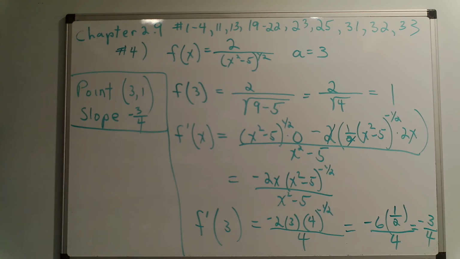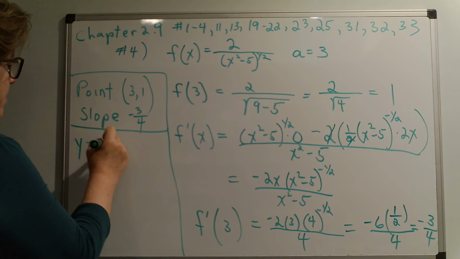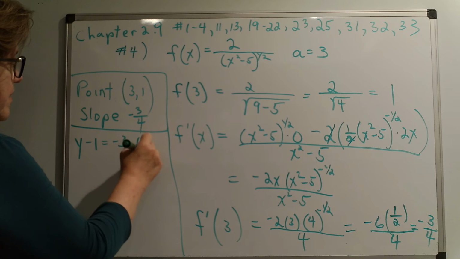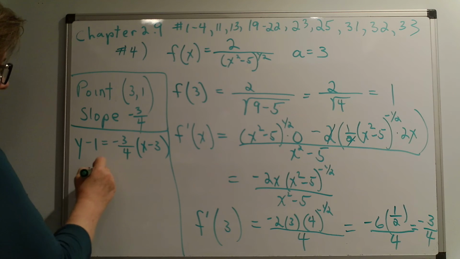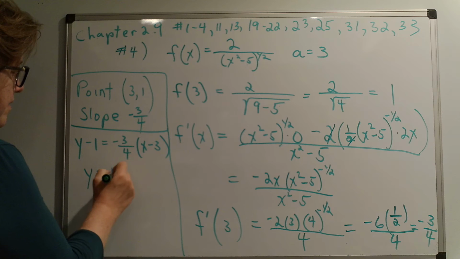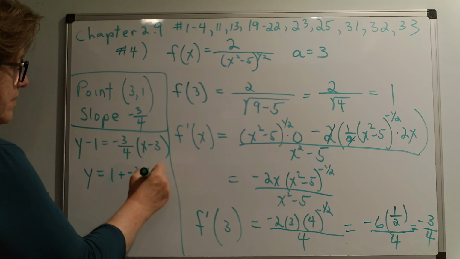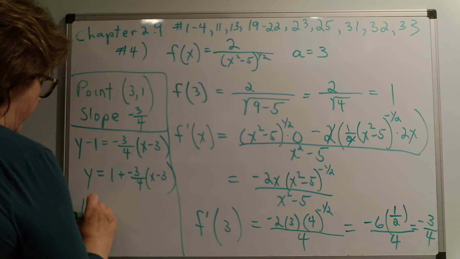Now we can put it in point-slope form. y minus 1 equals negative 3/4 times x minus 3. I can add 1 to both sides. So I would have 1 plus negative 3/4 times x minus 3. Now they don't like you to use the y, they like you to use the L of x.